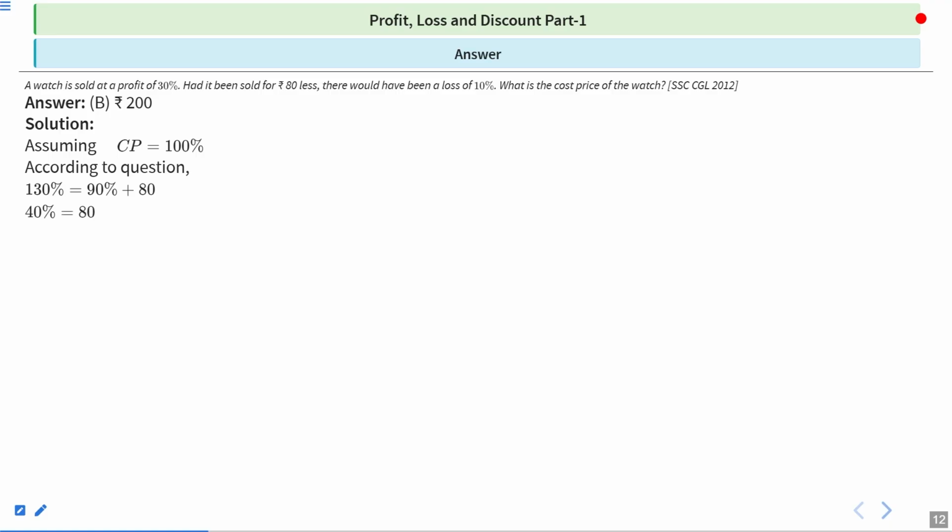By this we can say that 40% is equal to 80. So what will be the 100%? First we calculate 1%. So 1% is 2. So 100% will become 200 rupees. So the cost price of the watch is 200 rupees. B is the correct answer. Next one.